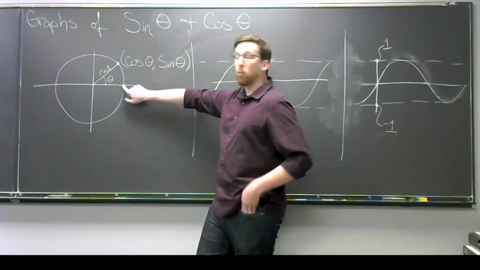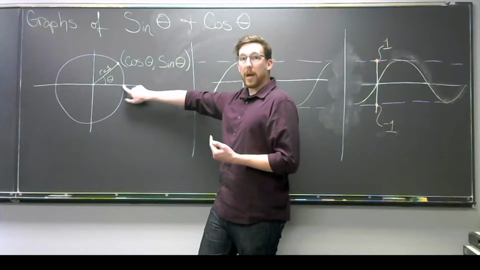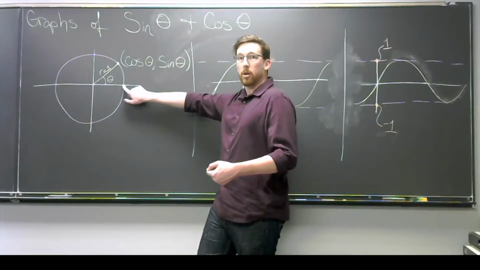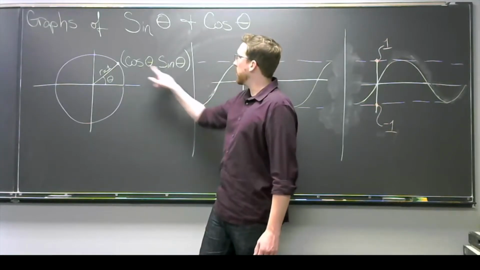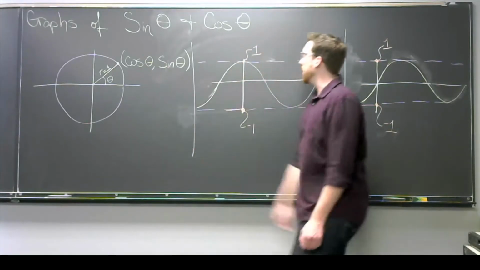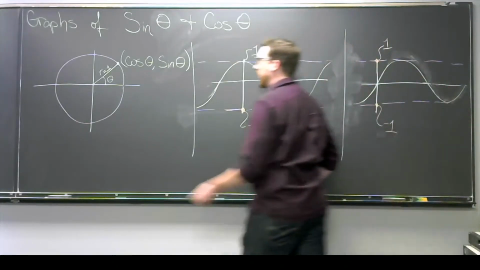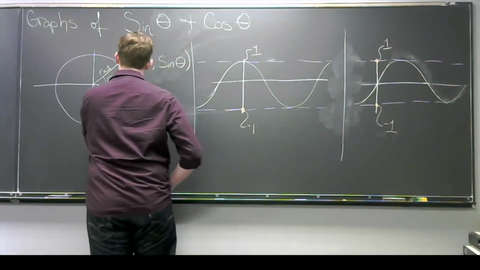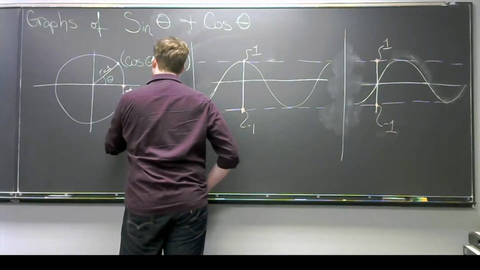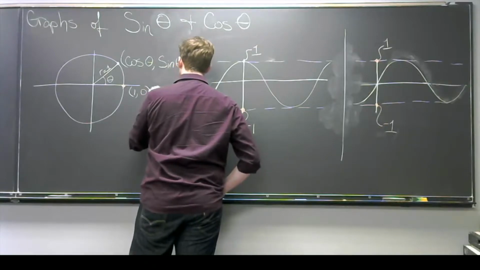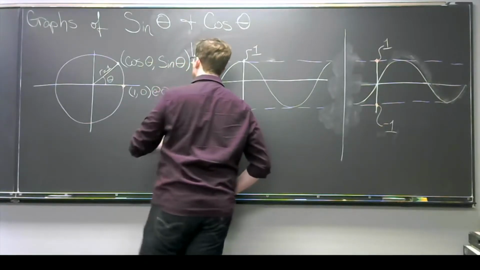Because we are 1 unit to the right of the origin and 0 units up or down. So it must be that we're at 1, 0. Okay? Well, if that's the case, let's go ahead and write that point down. 1, 0 at theta equals 0.